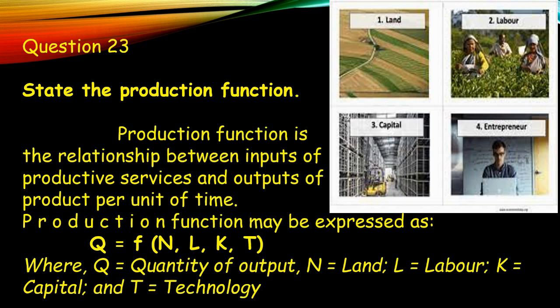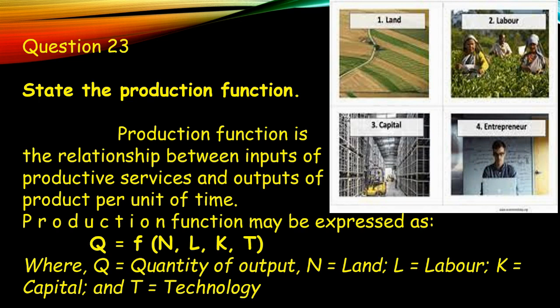Input is all the factor services used in production, like land, labor, capital and organization. Output is the volume of goods produced, how many goods they produce. The relationship between the two is called the production function.